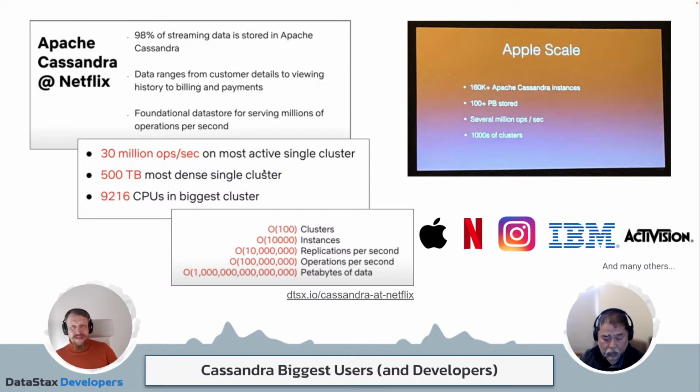But my favorite use case is actually not Apple, although they are one of the biggest, but Netflix. The problem with Apple is that they don't say a lot about how exactly they use Cassandra. Netflix guys, are there any Netflix users in this chat? That would be interesting. I'm definitely an active subscriber. So Cassandra is the number one database for Netflix.